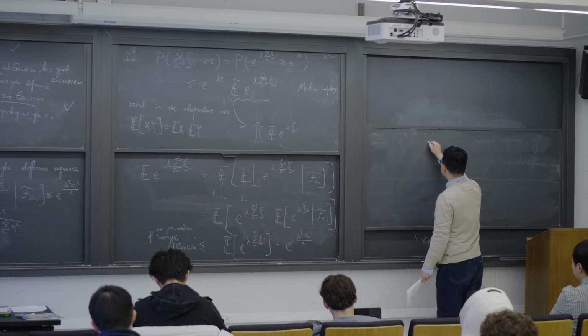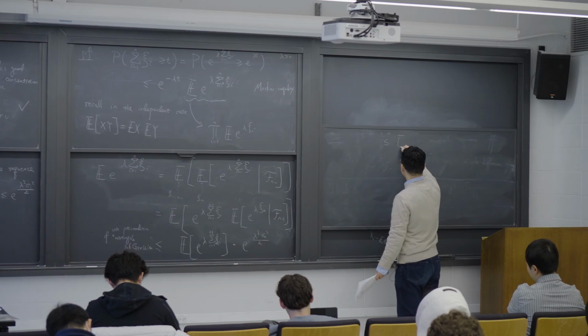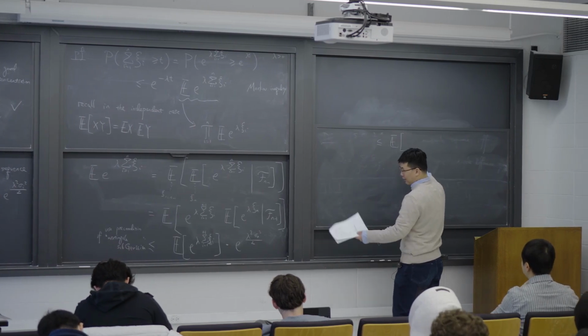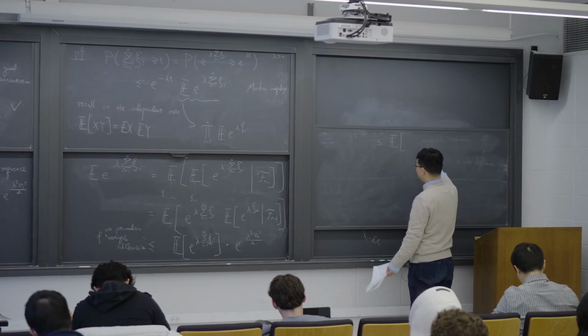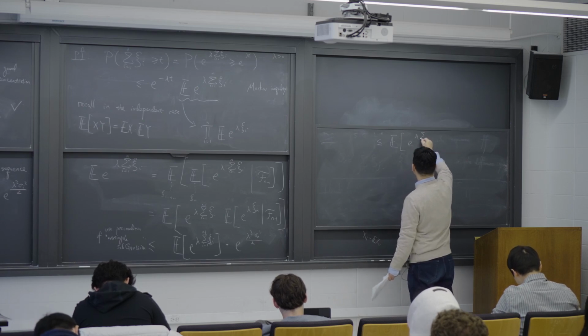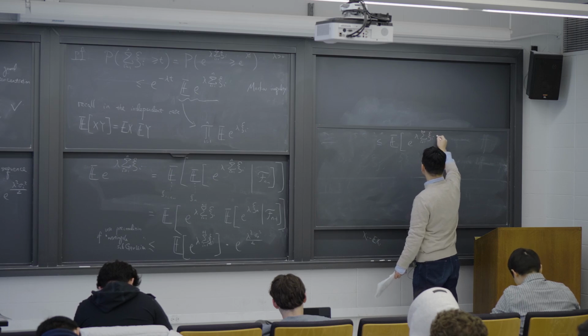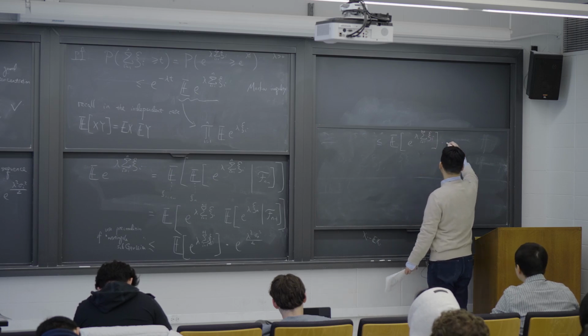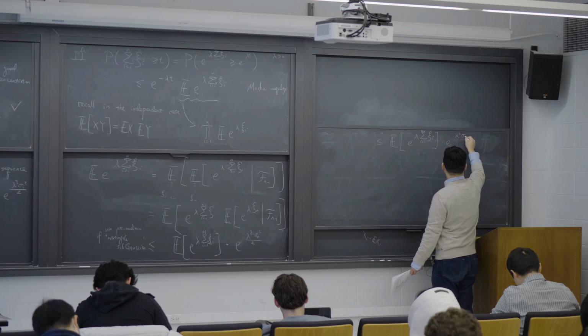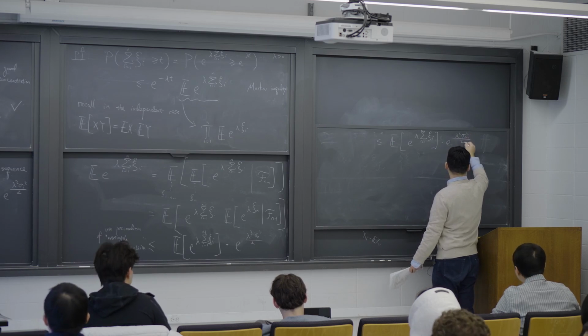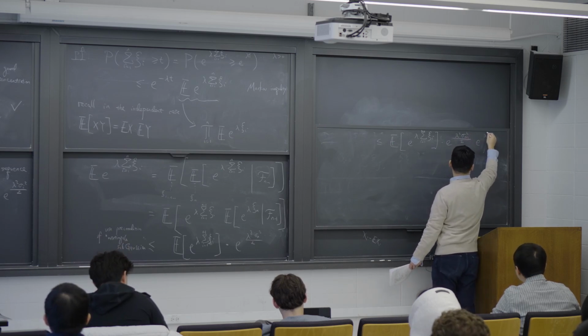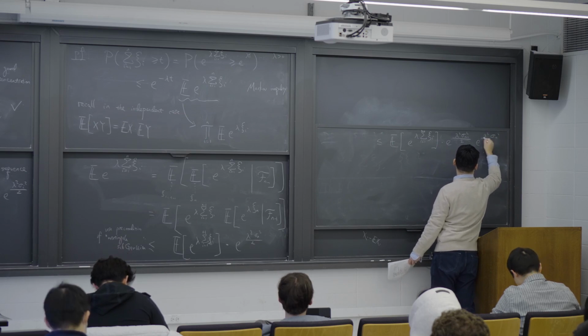So we say this is also less than or equal to the expectation of, for example, we can move n minus 1 outside. So what we end up with is the summation from i to n minus 2 Ci, times e to the lambda squared sigma n minus 1 squared over 2, times e to the lambda squared sigma n squared over 2.